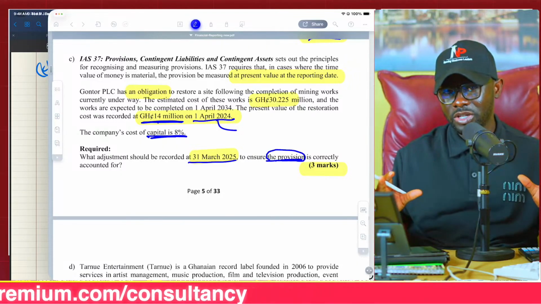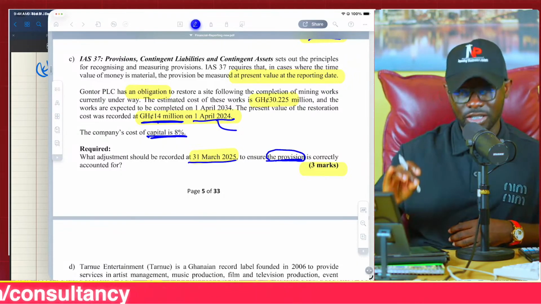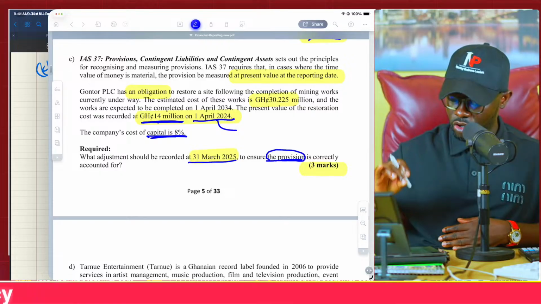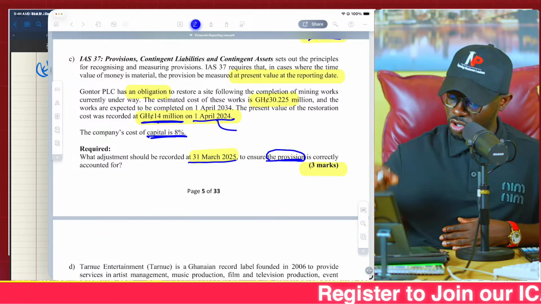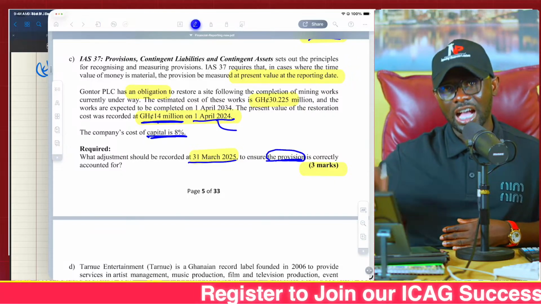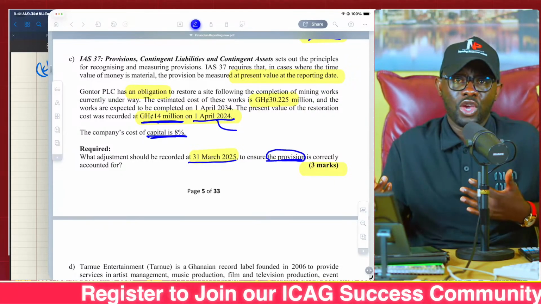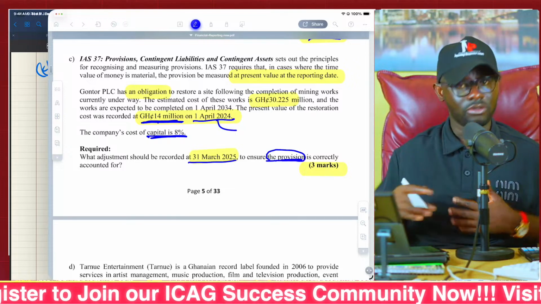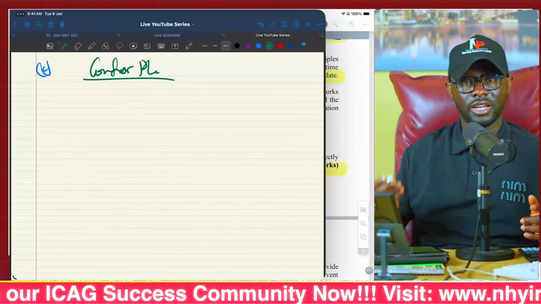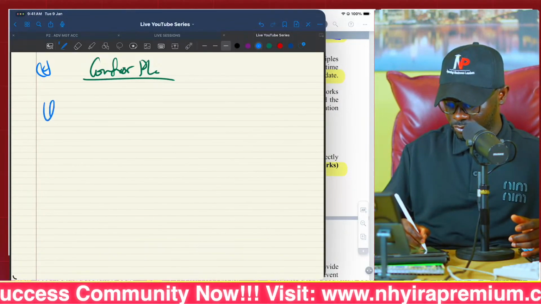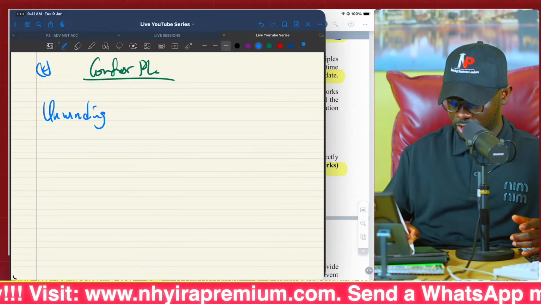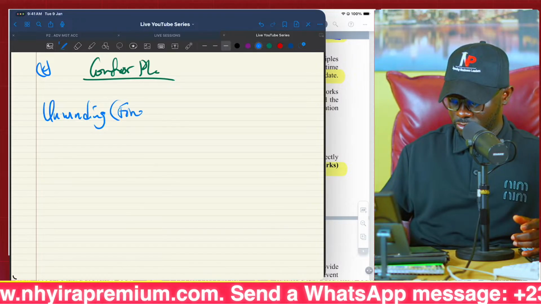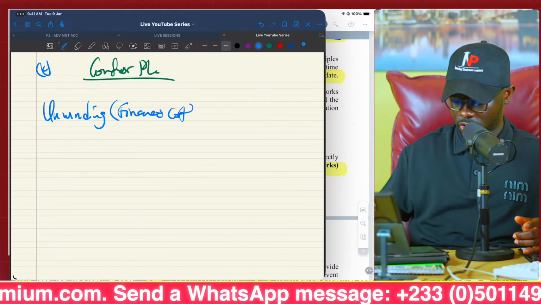What is the requirement of the question? What adjustment should be recorded at 31st March 2025 to ensure the provision is correctly accounted for? We unwind. Since we have the present value, we unwind by calculating the finance cost. Okay? Unwinding, or finance cost.